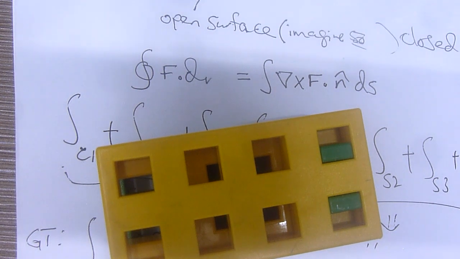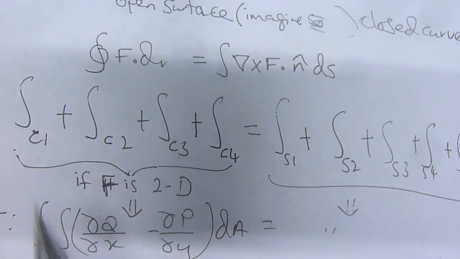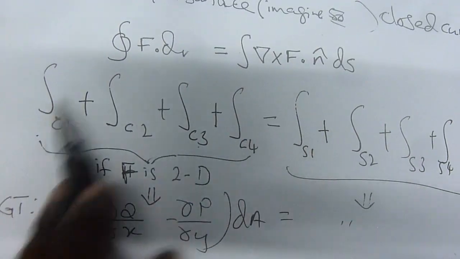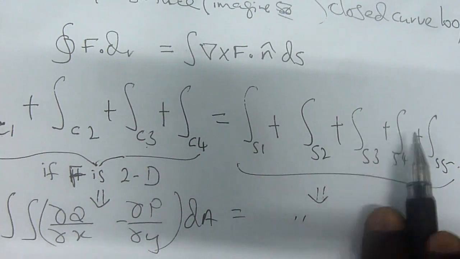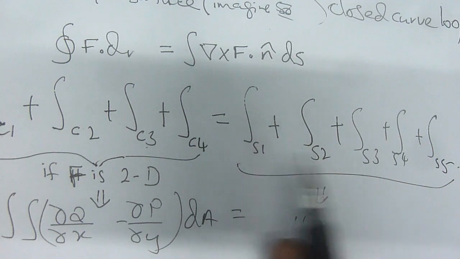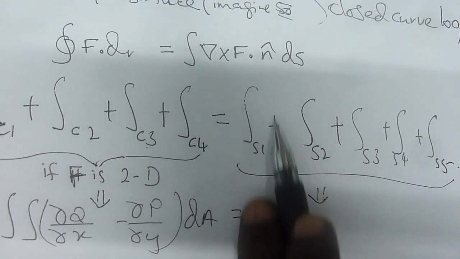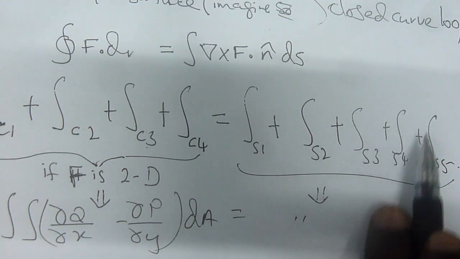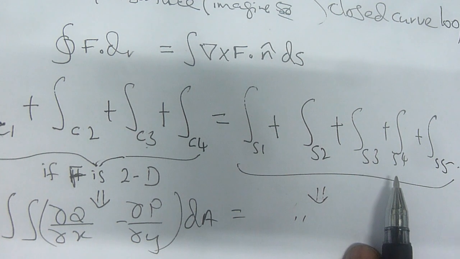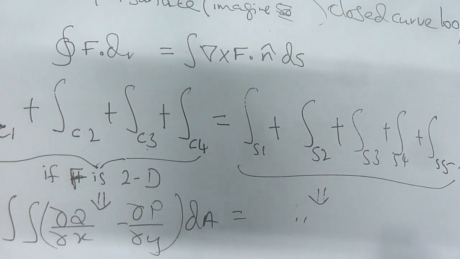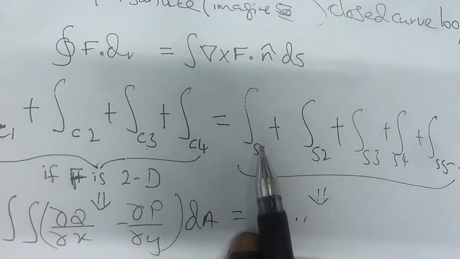Once you add them up together, you should get the same total. Therefore, it will let you know on which surface the ghost is sitting. That is the beauty of Stokes' theorem. It will let you know, but it's a tedious task.